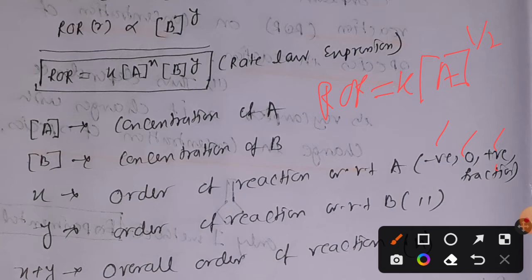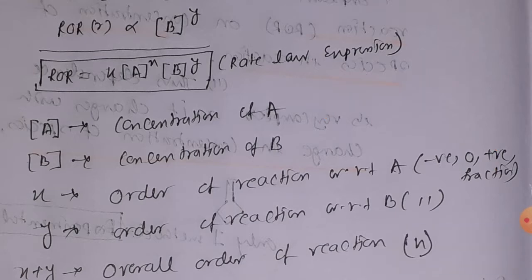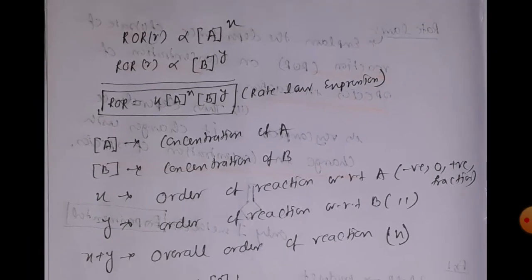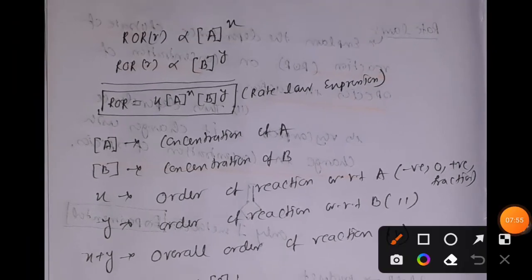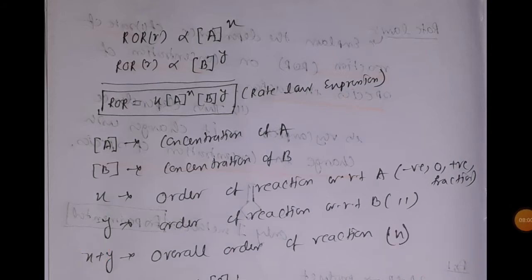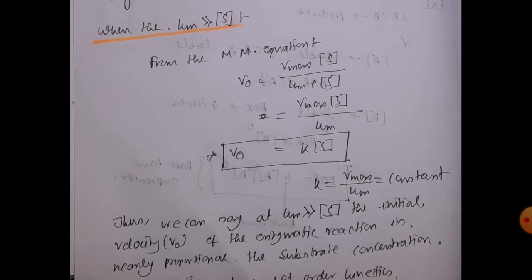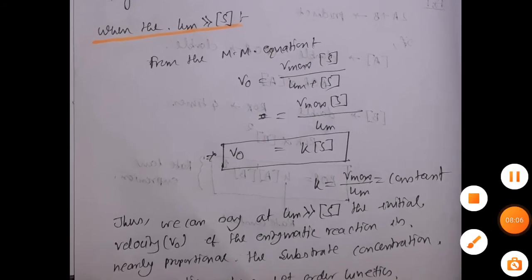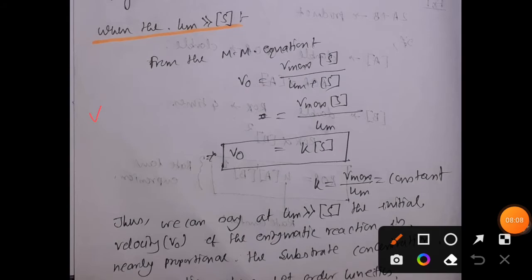Similarly, it can be -1, it can be 0, it can be positive, it can be a fraction. So whenever they ask you the overall order of the reaction, you have to calculate x plus y.